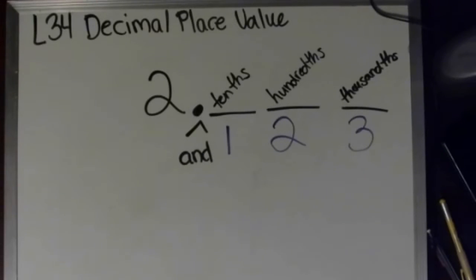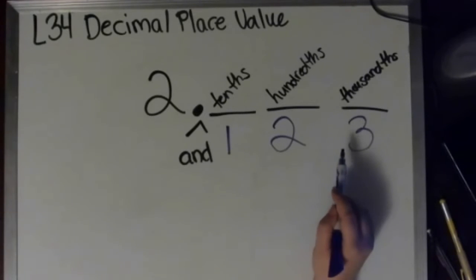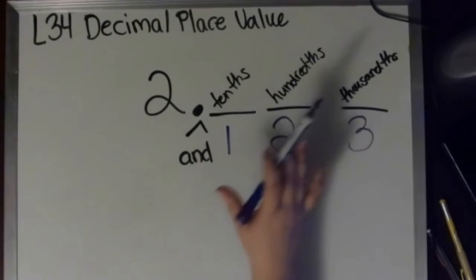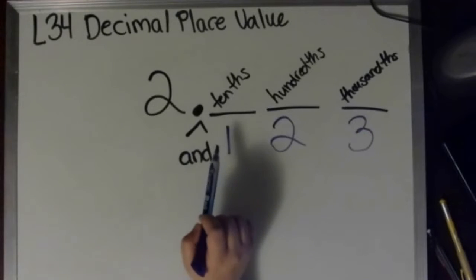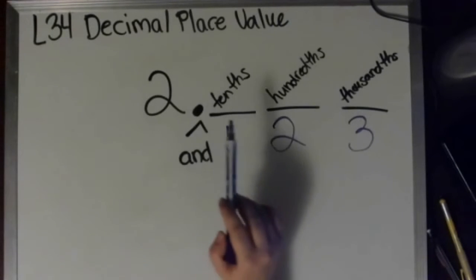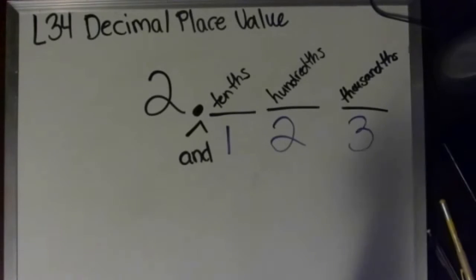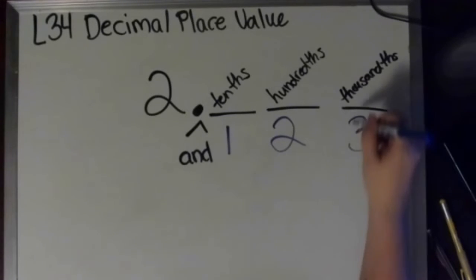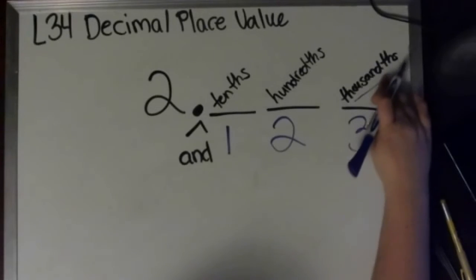So you always end with whatever is the last number in one of these places. You always end with that place value. Notice when there's something in the thousandths, I don't say tenths, hundredths. I just say 2 and 123 thousandths. I only say that last place value, whatever that one might be.